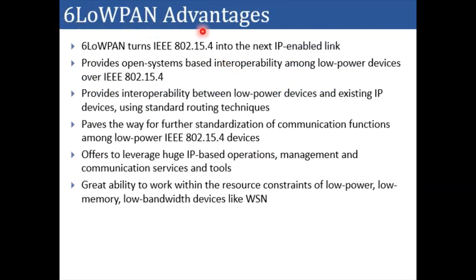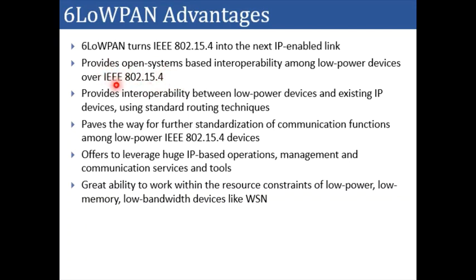What are the advantages of 6LoWPAN? 6LoWPAN turns IEEE 802.15.4 into the next IP-enabled link. It provides open system based interoperability among low power devices over IEEE 802.15.4.